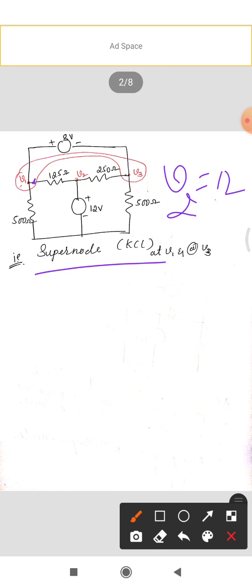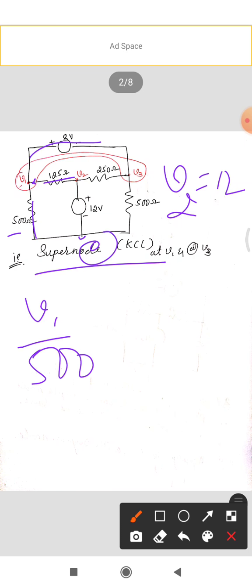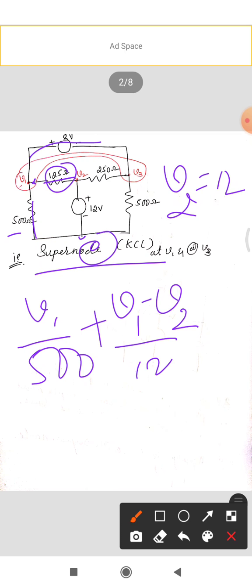At V1, you have 2 branches leaving this voltage source. So V1 divided by 500, because it is connected to the reference, plus this 125 ohm is connected between V1 and V2, so it is (V1 minus V2) divided by 125.